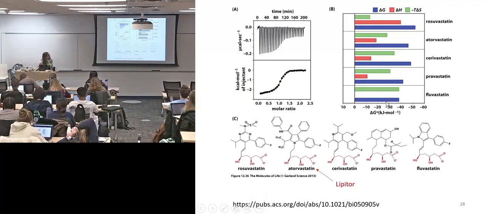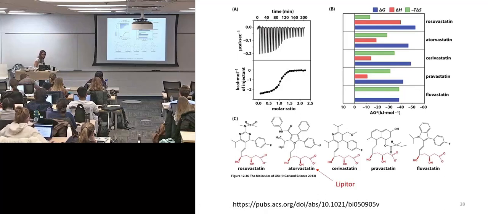What's going on here for this fluvastatin or whatever? How come there's no delta H? What do you think the paper reports for that? Any ideas?